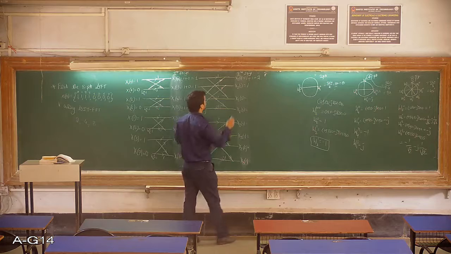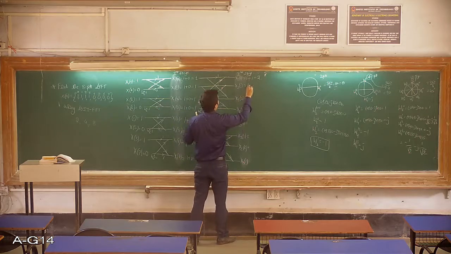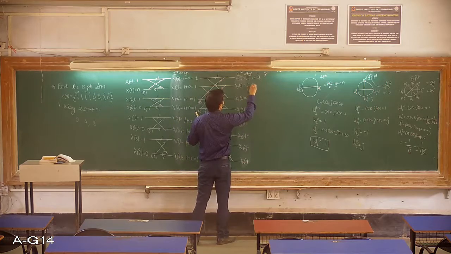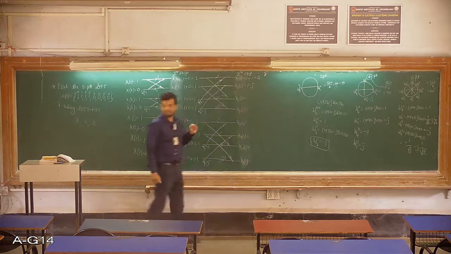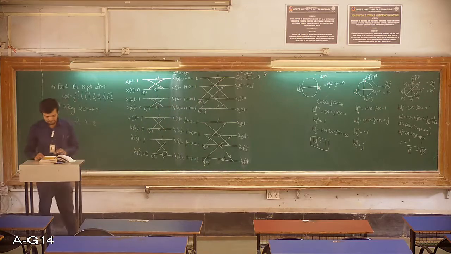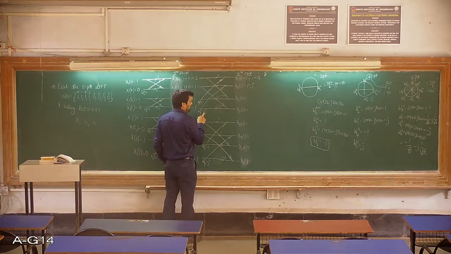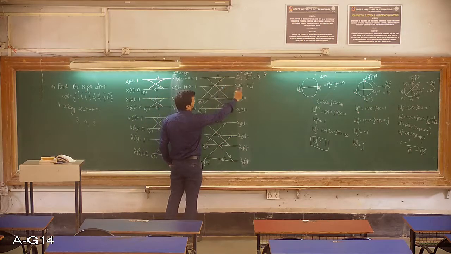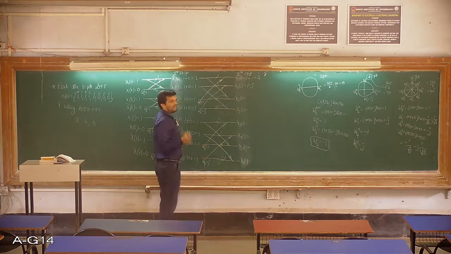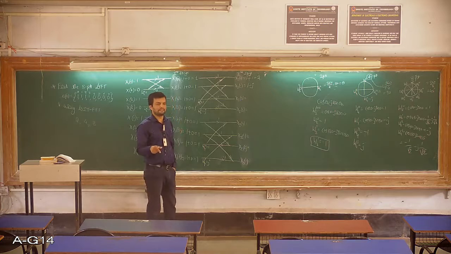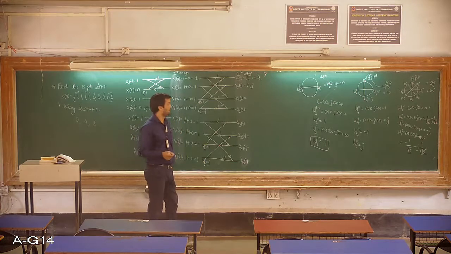So here this point we will get 1 minus j. Because here 1 into minus j, so it will be added here. So 1 plus minus j is nothing but 1 minus j.